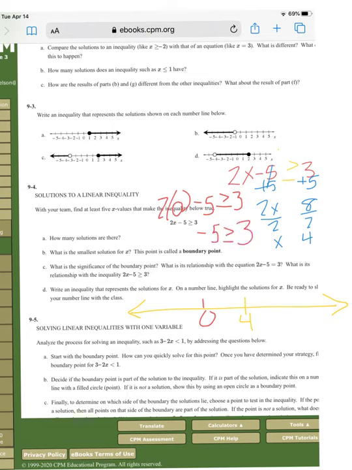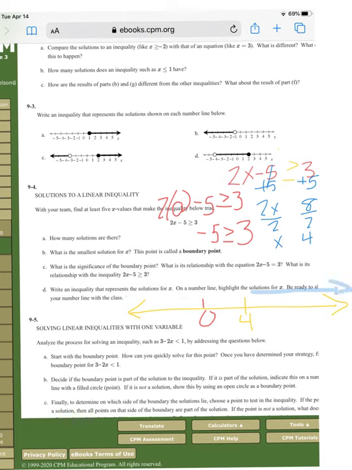That is clearly not true, which means that none of the numbers down here are going to work. Since 0 doesn't work, and 4 is our boundary point, none of those numbers are going to be correct. So, since those numbers are not correct, the numbers above that are going to be correct.